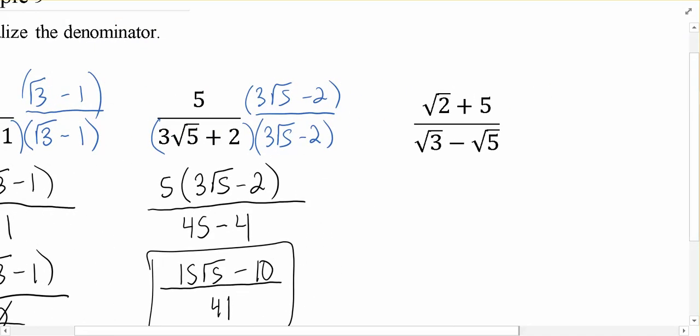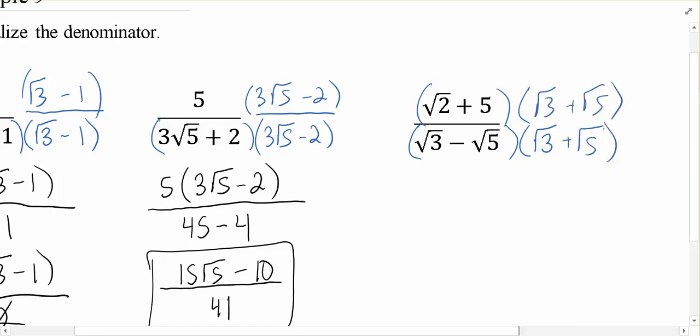Let's go ahead and look at the third piece of this. The conjugate of root 3 minus root 5 is root 3 plus root 5. All we're doing here is changing the sign between them.